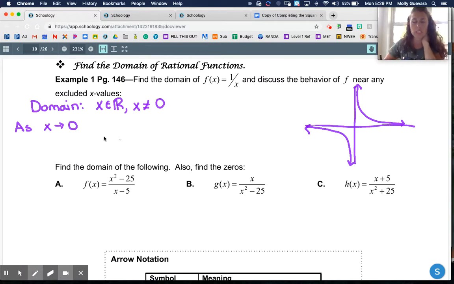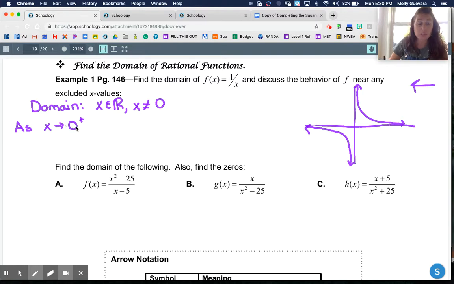And then we have this little plus sign, and that means from the right. So what are my y values doing as my x gets closer and closer to 0? As my x values get closer and closer to 0, my y values are increasing, increasing, increasing all the way to infinity.